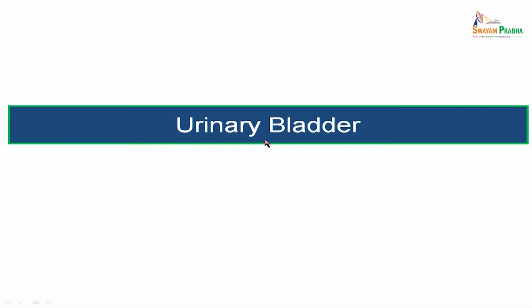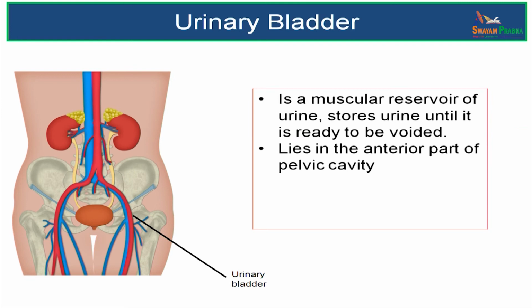Again, to study the microscopic anatomy of urinary bladder, let us highlight some of the gross anatomical features of urinary bladder. As you all know, urinary bladder is a muscular reservoir of urine. What is it going to do?